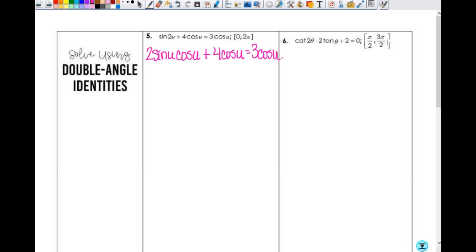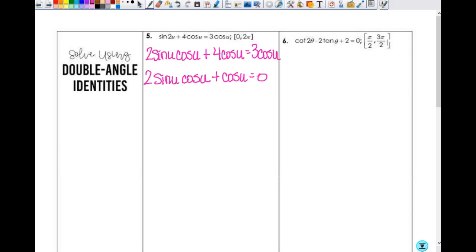Everybody with me? So now I need to set it equal to 0. So this gives me 2 sine u cosine u plus cosine u equals 0. So what can I do here? I can factor, right?